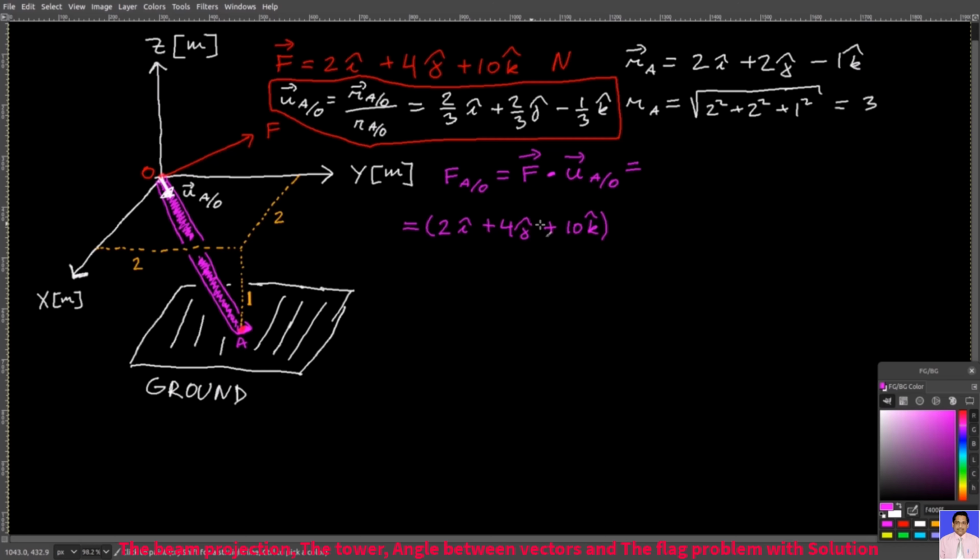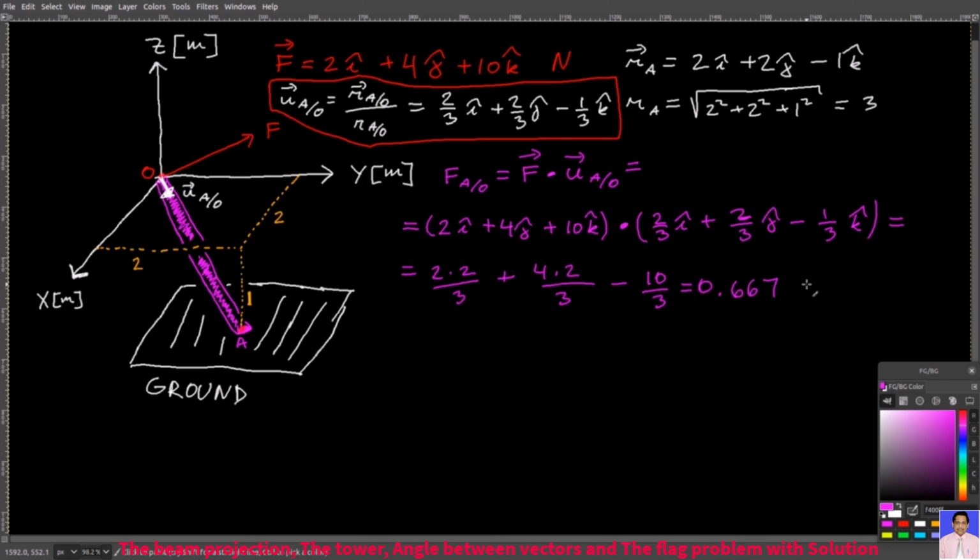So this is your force vector dot your general unit vector, and in the end you will get 0.667 newtons. And so this component here, that's the component that goes along the beam. So you see, using the dot product, you were able to obtain it very easily. With one dot product, you were able to obtain this component along this beam.